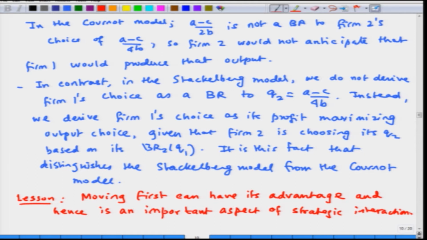So, that is a main takeaway from the Stackelberg model, right. So, firm 1 benefits from being the first mover, firm 1's profit is larger than the profit that firm 2 gets. So, when firms are choosing quantities and the moves are sequential, a firm may benefit from being the first mover. Okay.